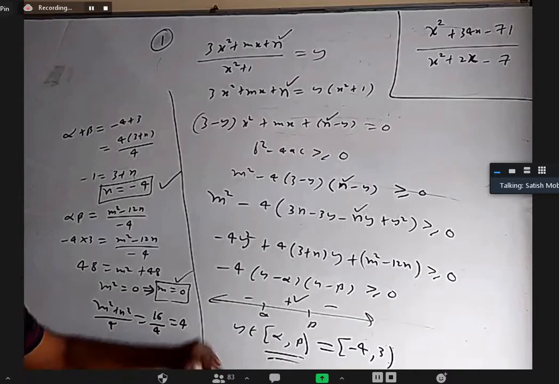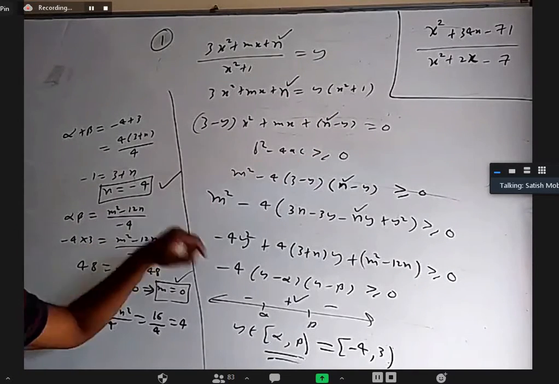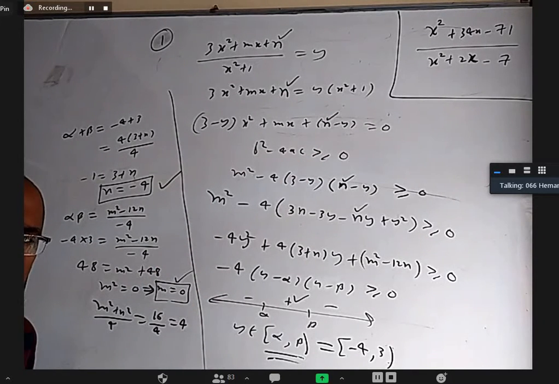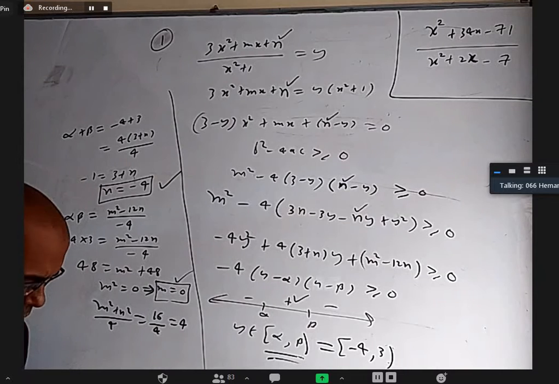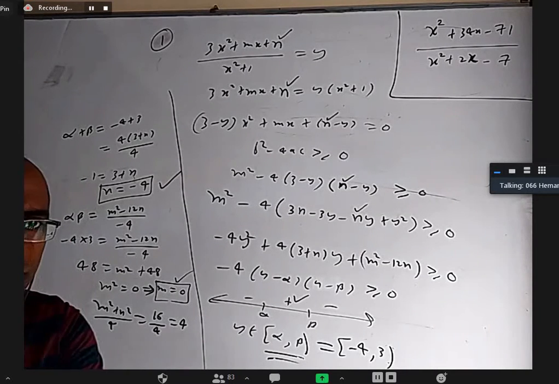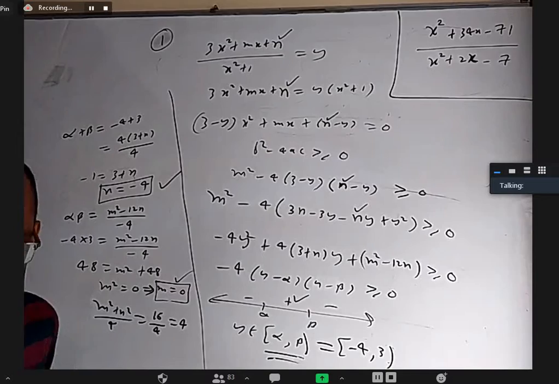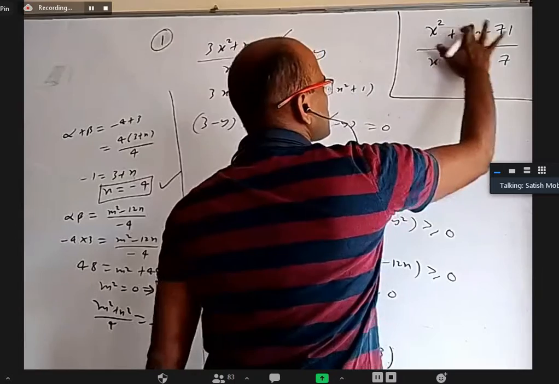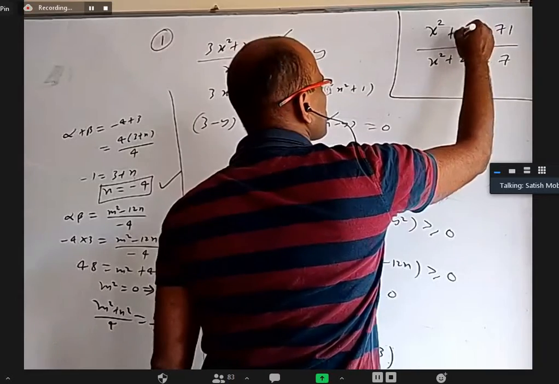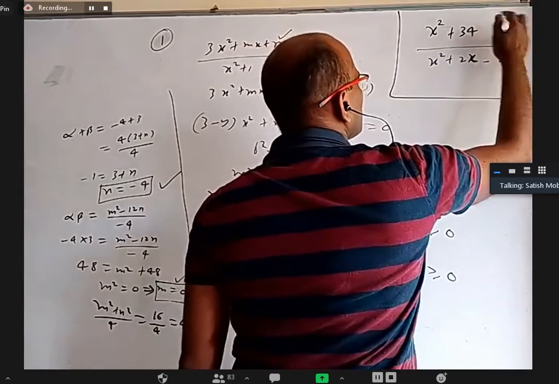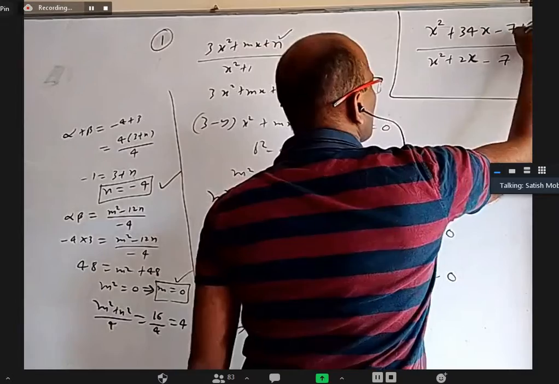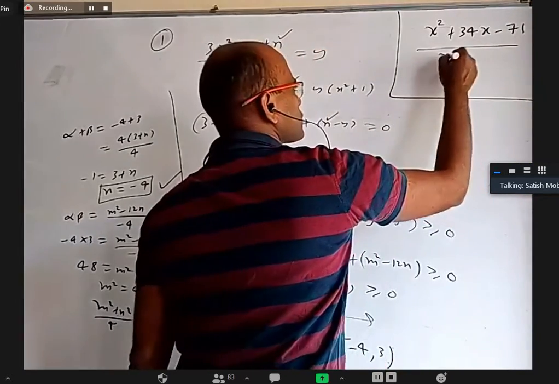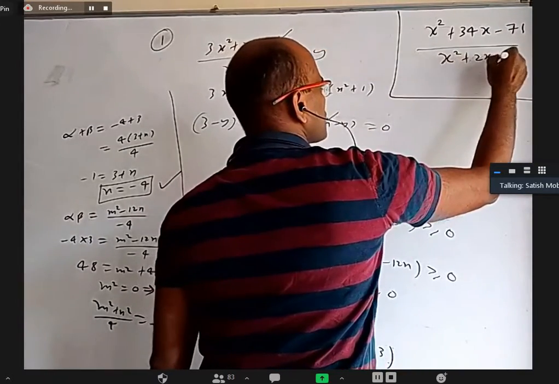Try that question, try to find the range, then I'll explain this also. So is it 71 or 73? 71. Yes, sir. x square plus 34x minus 71 by x square plus 2x minus 7.